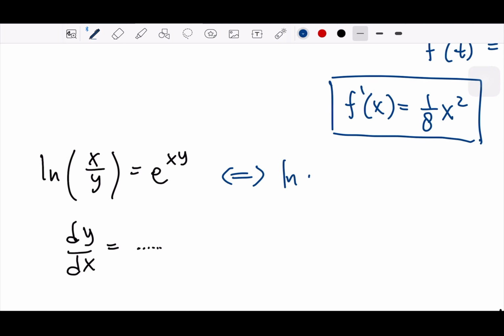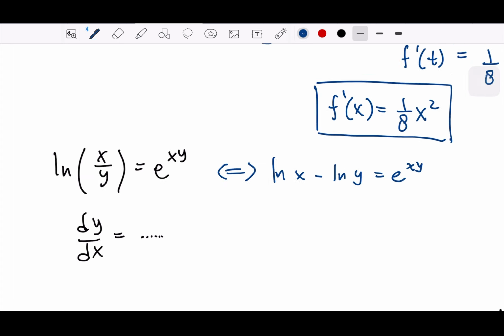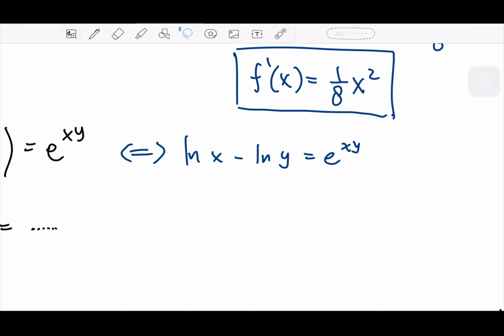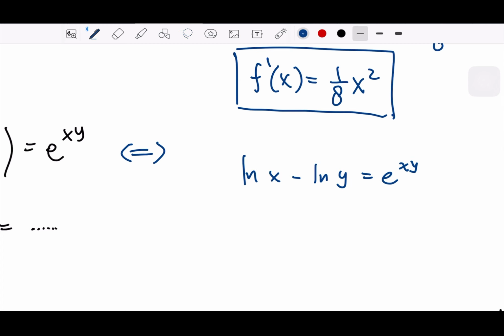So this will be ln x minus ln y, equal to e to the xy. And now we can differentiate.